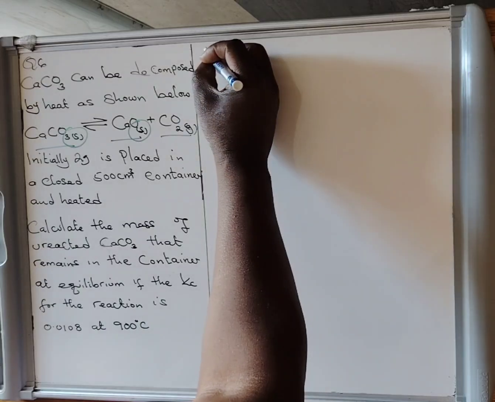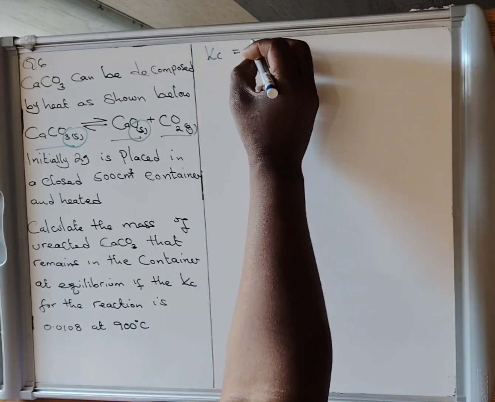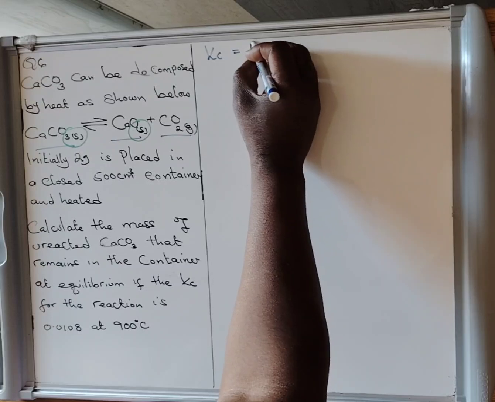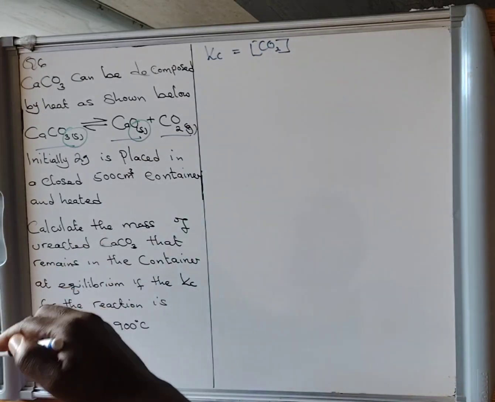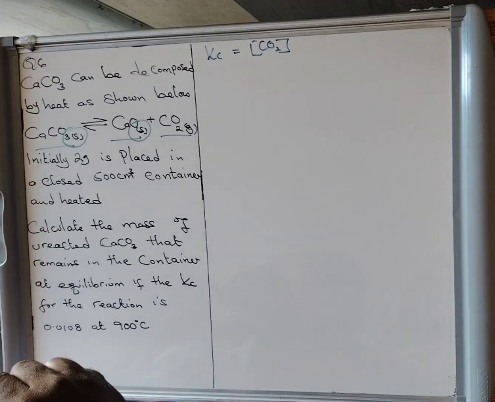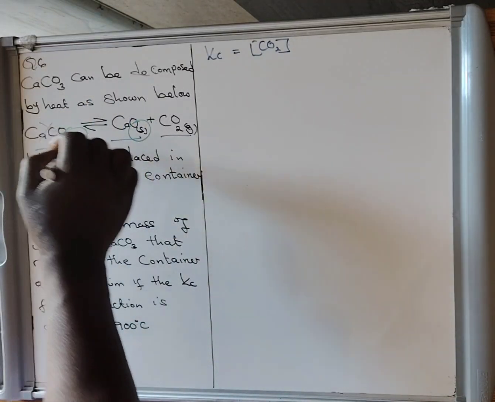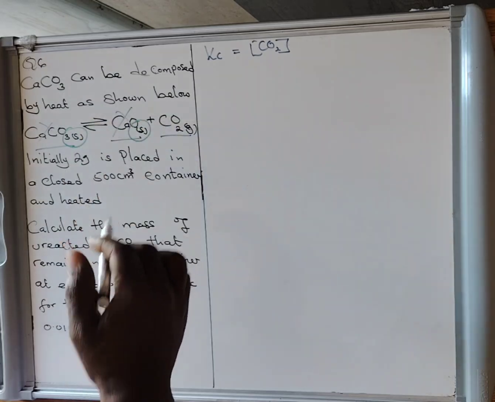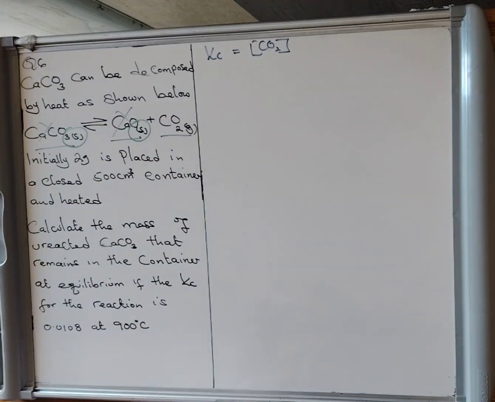So if you are going to leave them out, what do we say? We are going to have our expression for Kc, and Kc is equal to concentration of product, which in this case is carbon dioxide, over concentration of the reactant, which we don't have because it's a solid. Remember, this one is out and this one is out by virtue of them being solids.